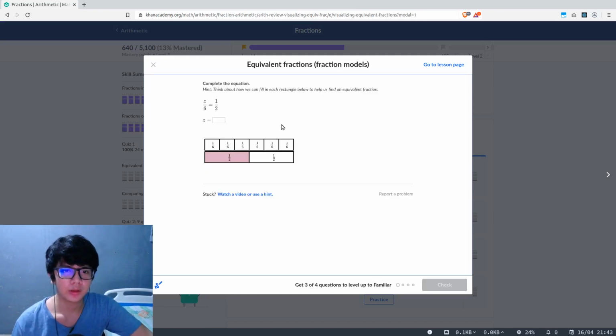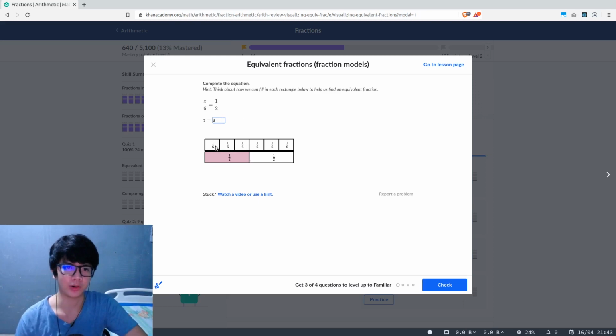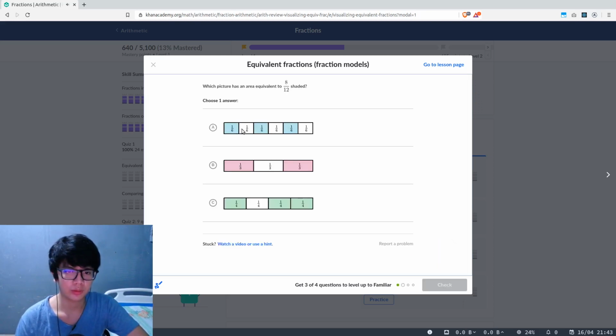Okay, I'm not just going to say it's 3, but let's see in the visualization part. Which shows a new area equal to 8/12. Whoa, 8/12 and 1/3.